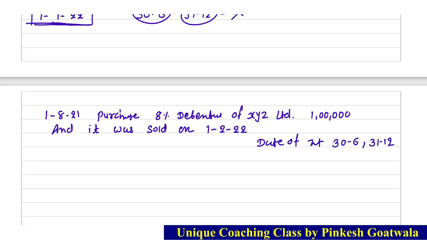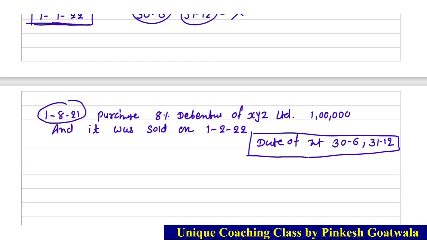Now think practically, and what will be the amount of interest? So he purchased on 1/8/21. Purchase on which date? 1/8/21. And it was sold on 1st Feb 22.